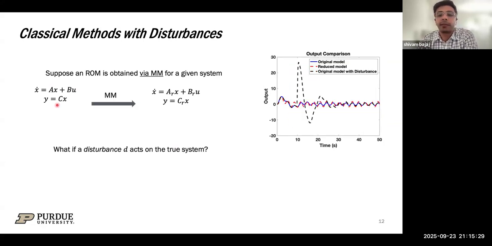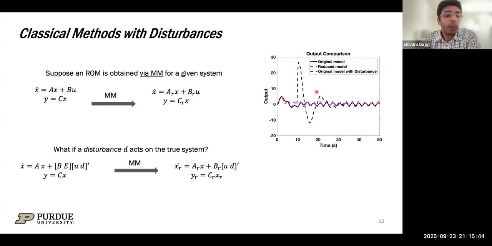If I apply a disturbance D on the true system, the performance of the true system, instead of this blue curve, is now the black curve. But here we see that the performance of the reduced model, which was the red curve, does not really follow the black curve. Now one can say, why can't I consider the disturbance as a second input and then apply moment matching? Well, that will require the disturbance to be known, which is not the case in real life scenarios.